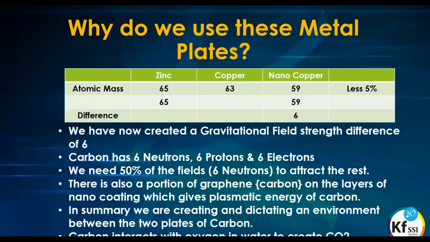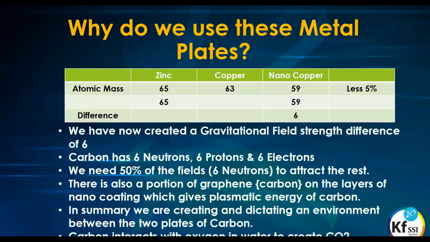But when we nano layer the copper plate, we reduce that by less than 5%, to around 59. So the difference between the zinc plate and your nano-layered copper is 6. So we've now created a gravitational field strength difference of 6.